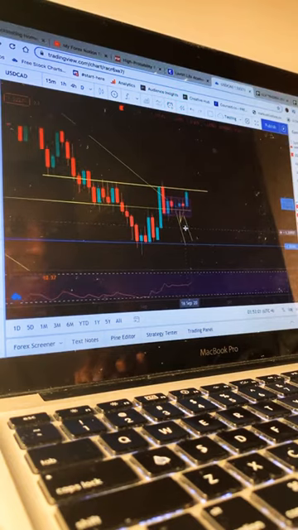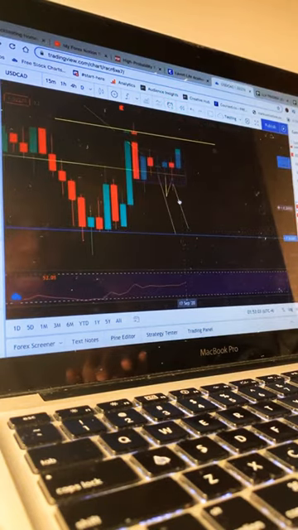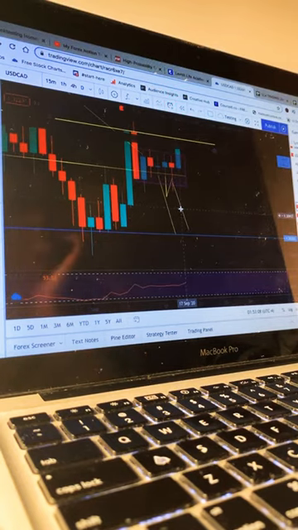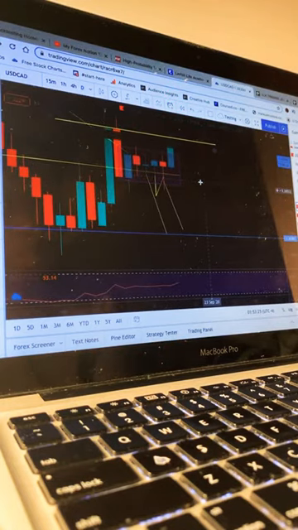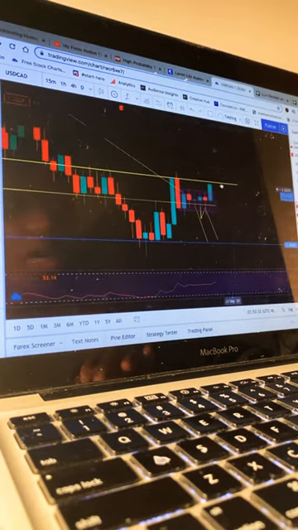You can see I have it marked up for when I expected it to, and it still hasn't pushed down to those levels yet. The level I have marked for where I think it's gonna push down to is where it's pushed down to in closed candlesticks before, which is the 1.3040 level, and it's currently at 1.3229. So that's USDCAD.